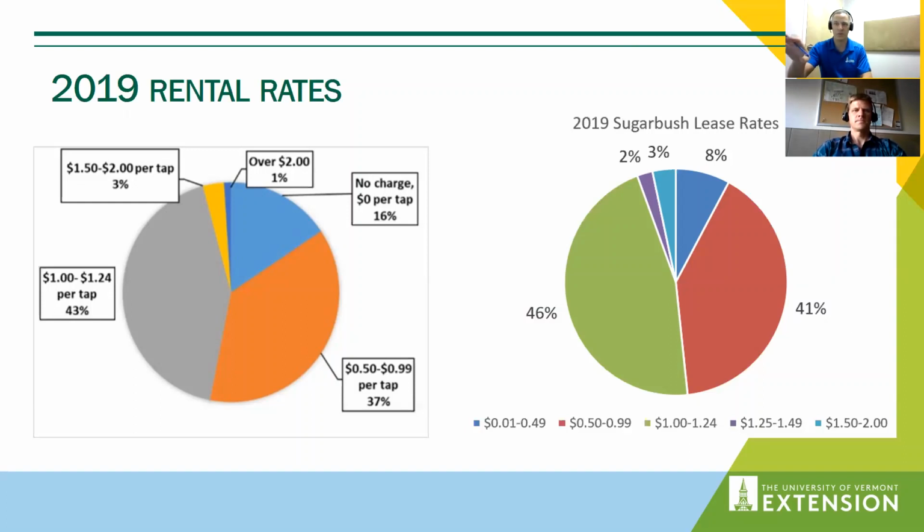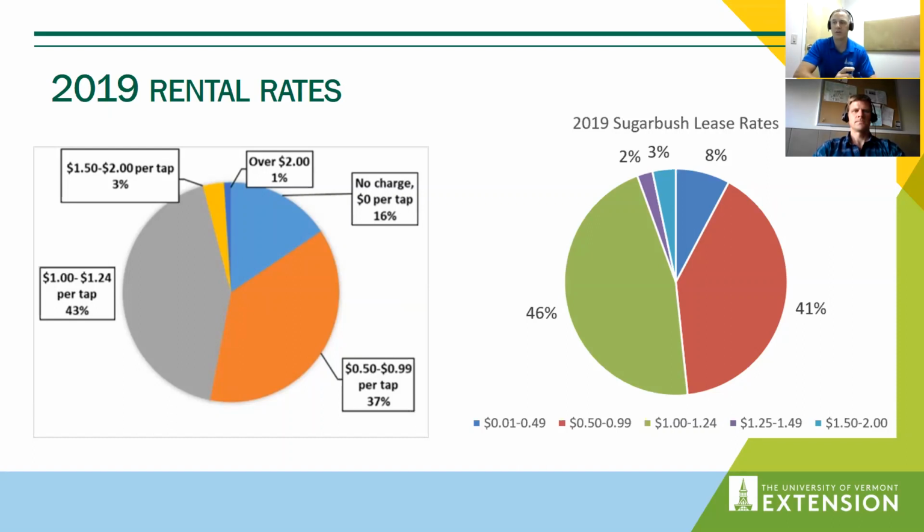There's a group of people here that had no charge or a $0 value is how they answered. And then not quite like Mark's, but similar, you can see the 37% of the respondents that rented were in the 50 to 99 cent group. And then the next largest pie, 43% were in the $1 to $1.24.